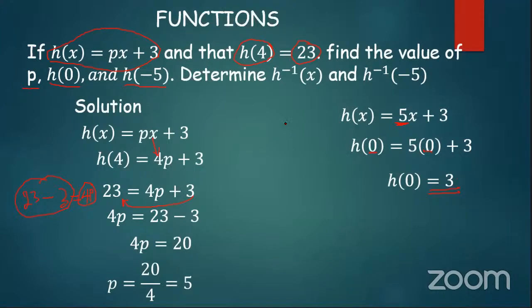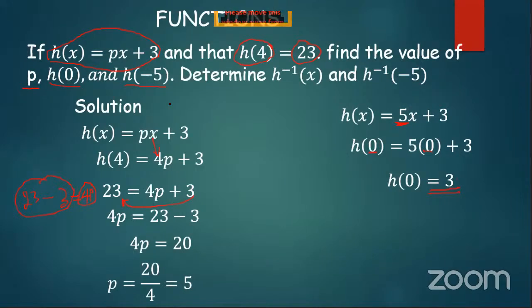Any other person apart from Peter, because I would wish to hear from almost all of you. How do we find h of -5, now that I've done h of 0?